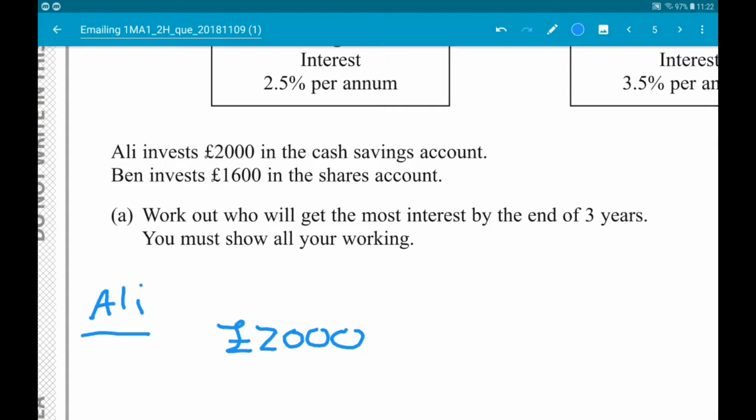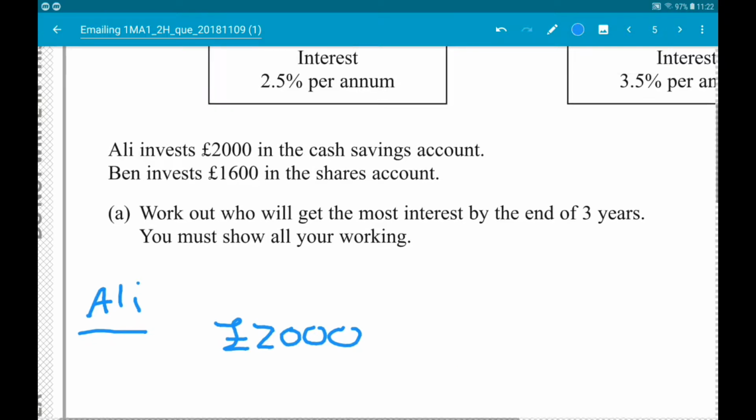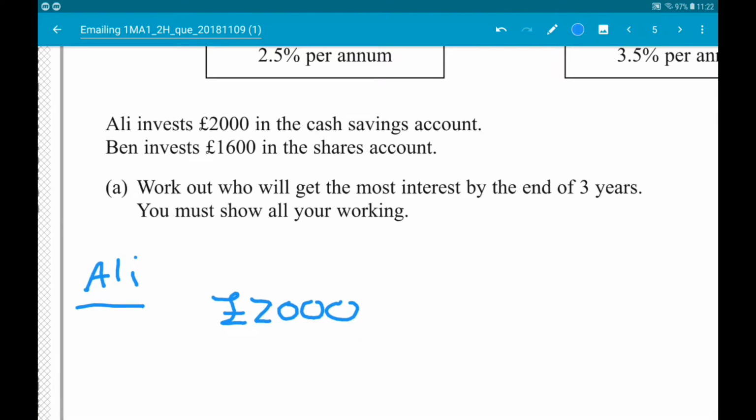So our multiplier is going to be 1.025. So we're going to multiply by 1.025. That would give us the amount in her account after 1 year. We want 3 years, so we stick a power of 3 on the multiplier.